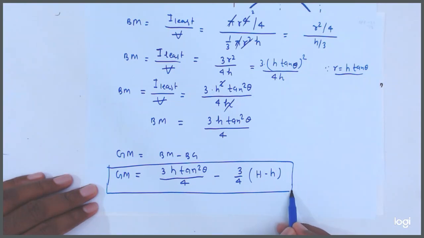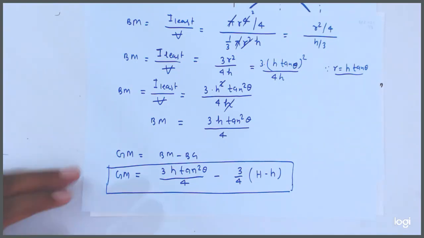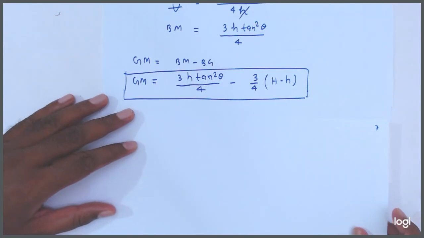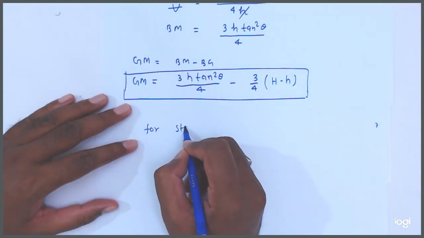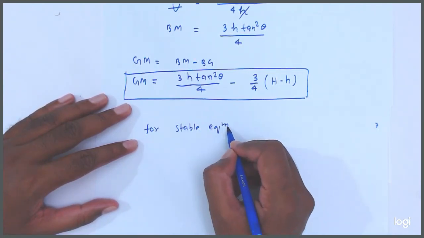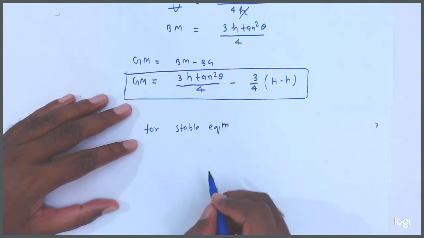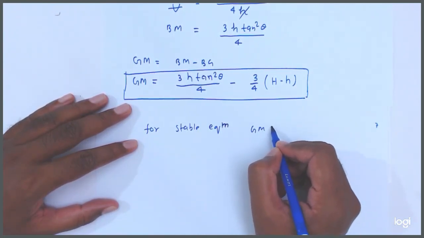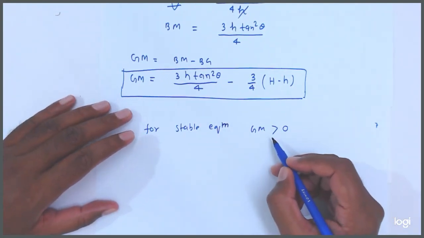Now friends, here you see, for stable equilibrium, this GM should be greater than 0, or you can say it should be positive.